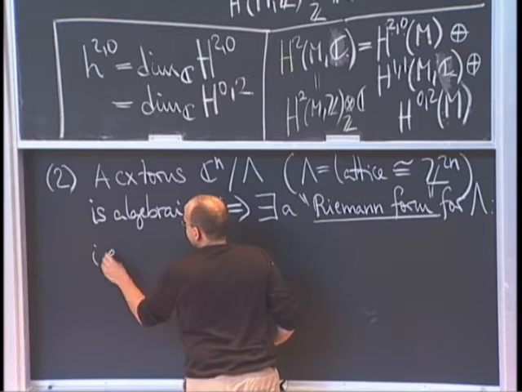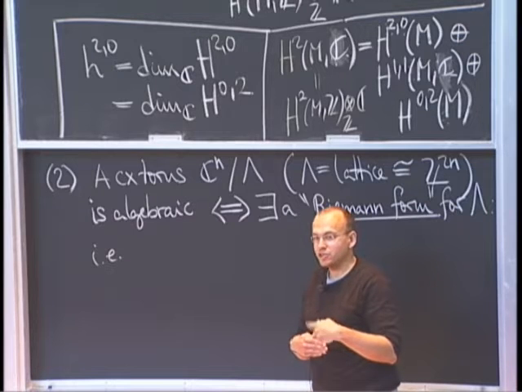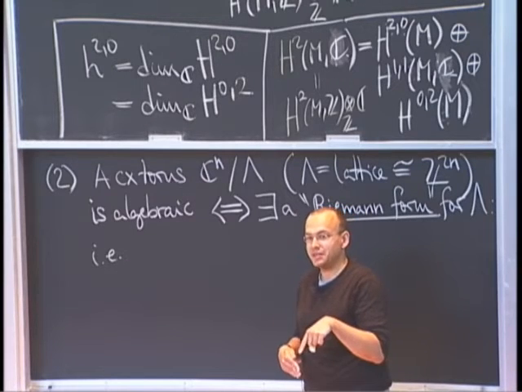And the Riemann form is just a Hermitian inner product on C^n whose imaginary part takes integer values on the lattice.